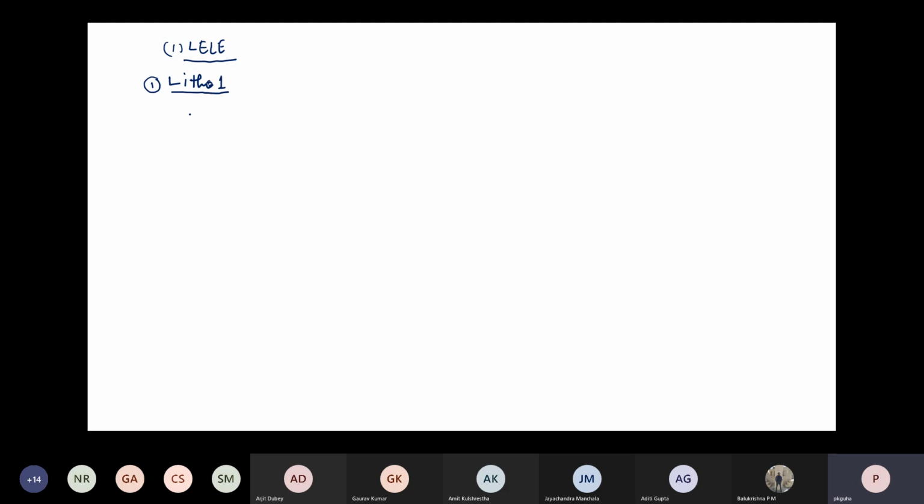So how to draw this? It is difficult to draw in 3D, so let me try. Say this is my silicon.